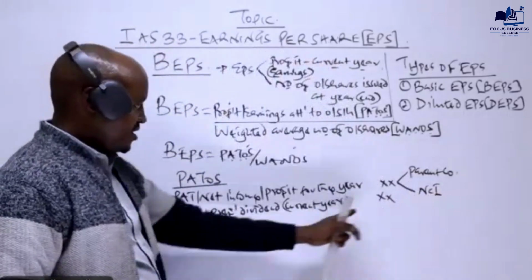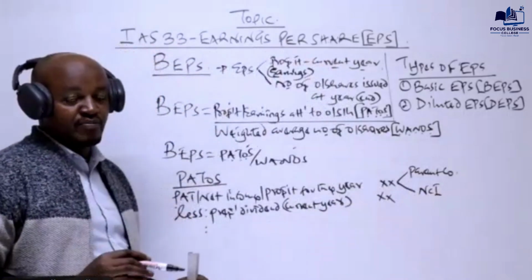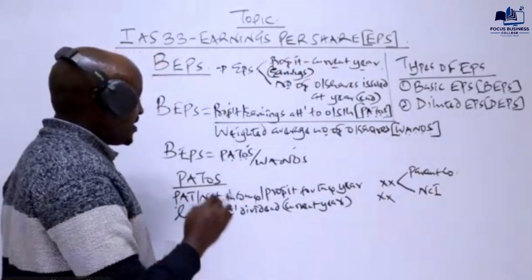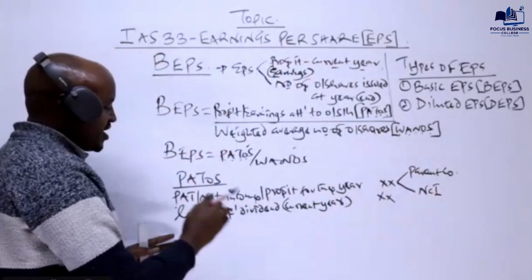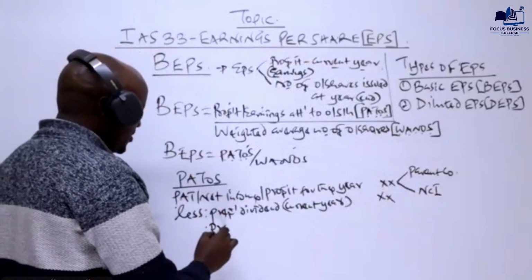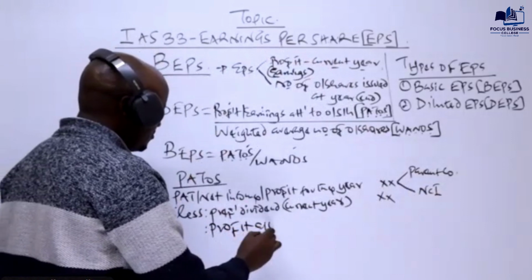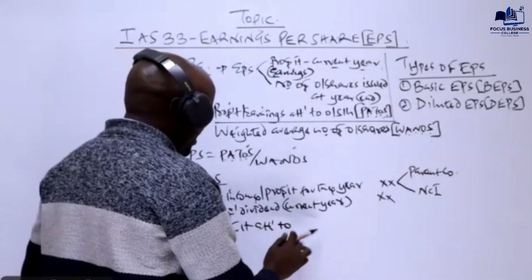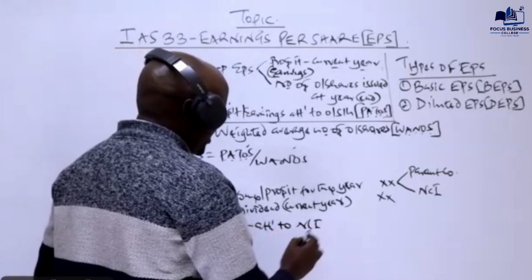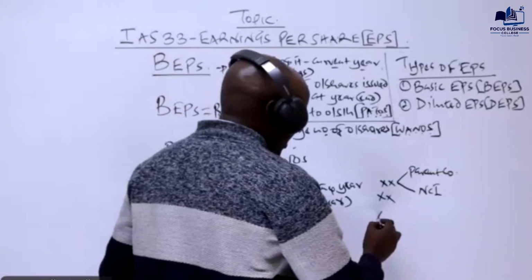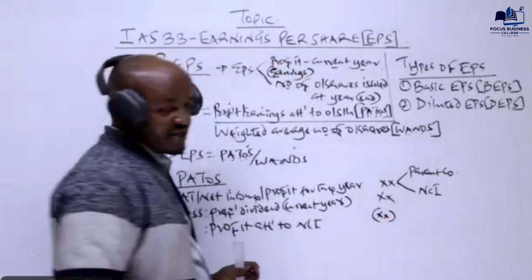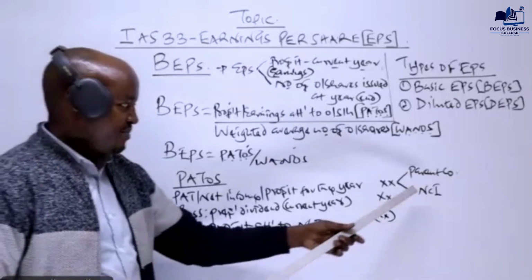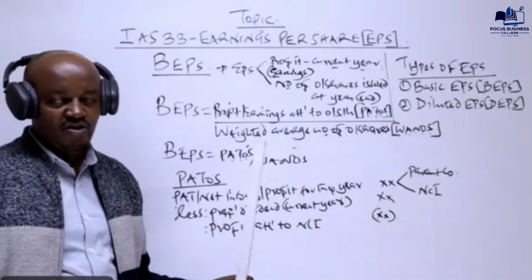So to this profit for the year, when computing the basic earnings per share for a group of companies, we less the profit attributable to NCI, such that what we shall be left with is the profit attributable to the members of the group.